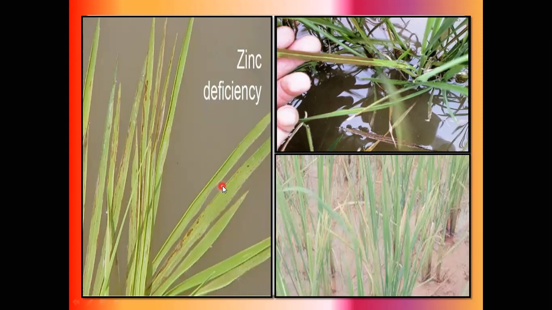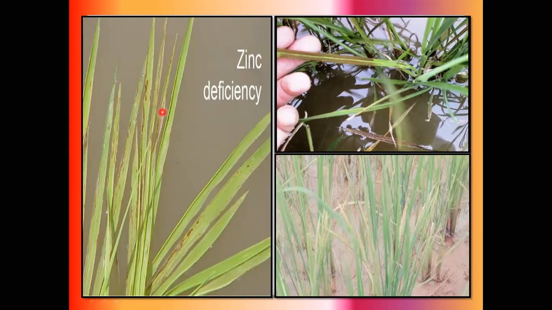The affected leaf blade is always smaller compared to the size of the normal leaf. The affected leaf blade has reddish brown spots, which means bronzing type of symptoms are generally seen.